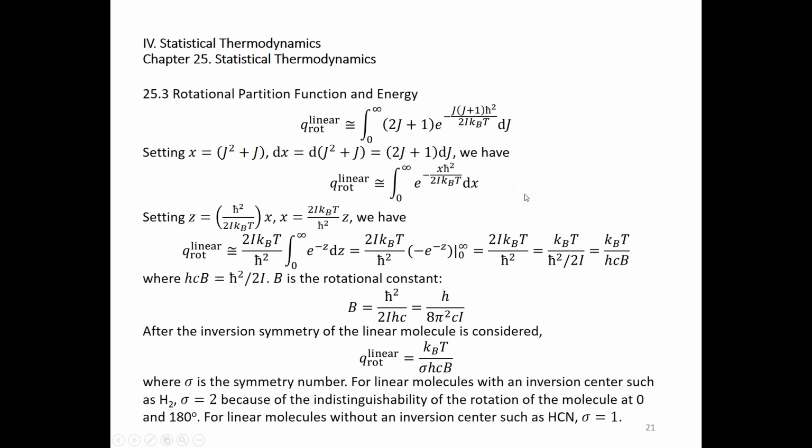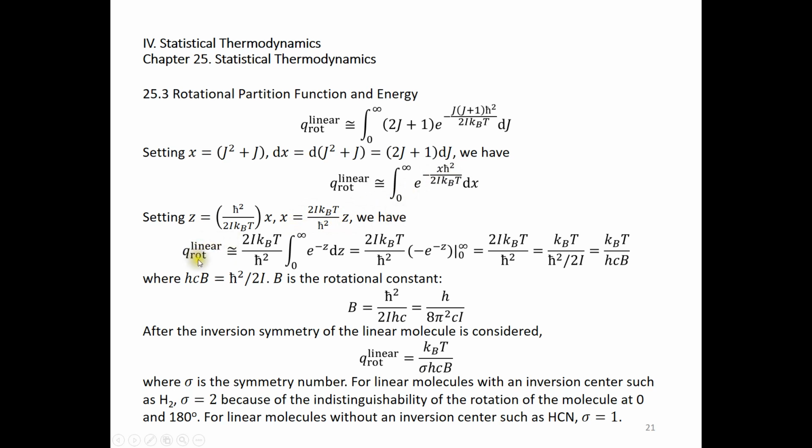It's not simple enough. We now set z to be h bar squared times x over 2I k_B T. And then this function becomes e to the power of negative z. Meanwhile, x is 2I k_B T over h bar squared times z.